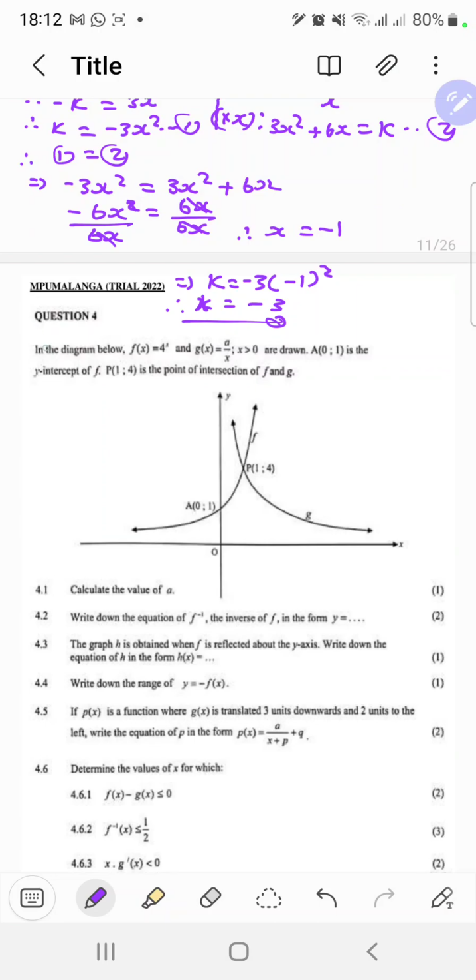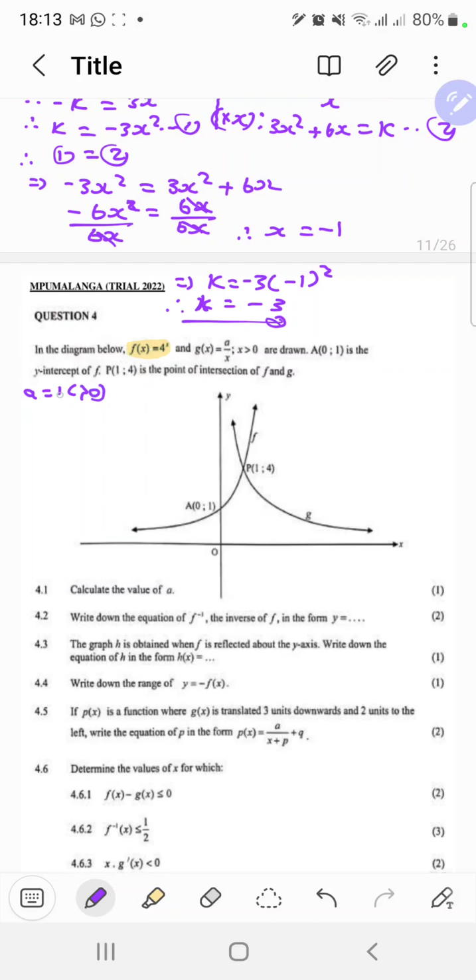Question 4 says, in the diagram below, f of x is equal to 4 to exponent x. Okay, so I want you to have a look at that function. Always employ the skills you get taught. Now look at that. What is a here? A is basically equal to 1, which is a number greater than 0, right?